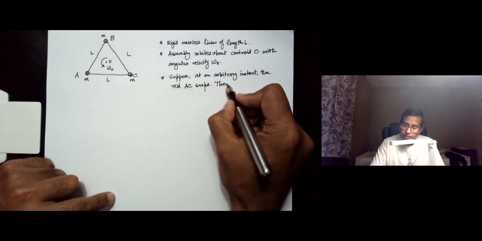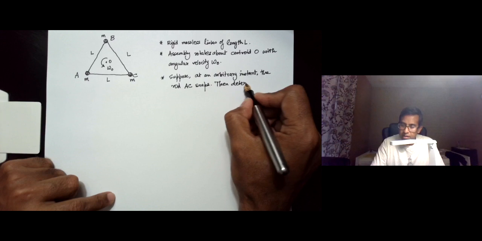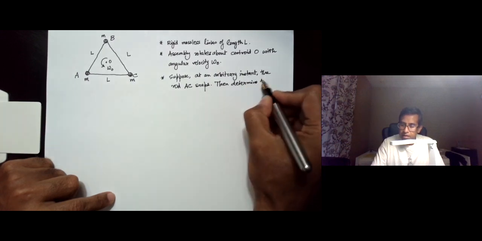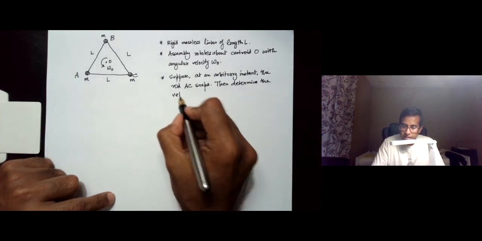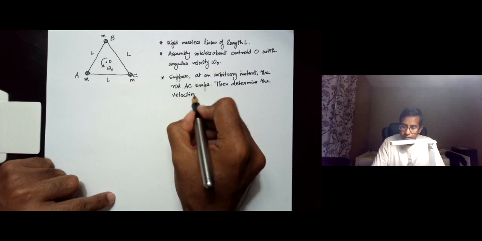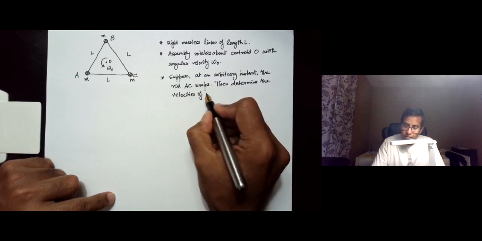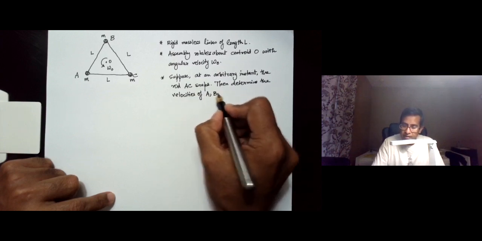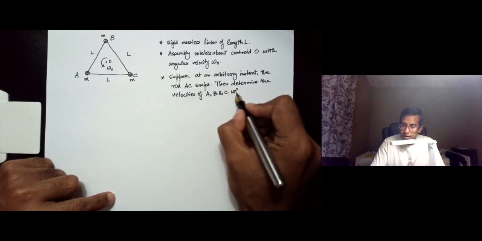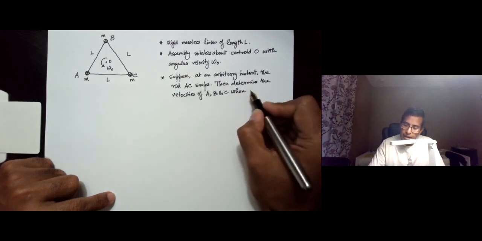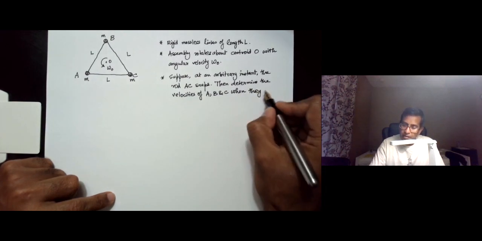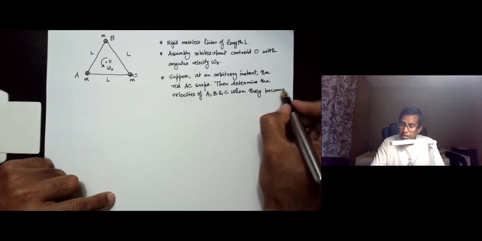Then determine the velocities of A, B, and C when they become collinear.